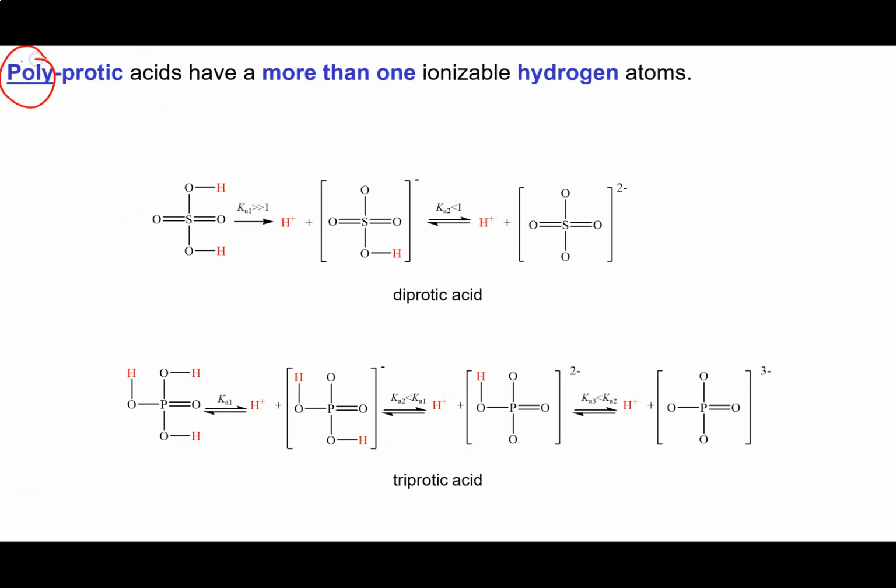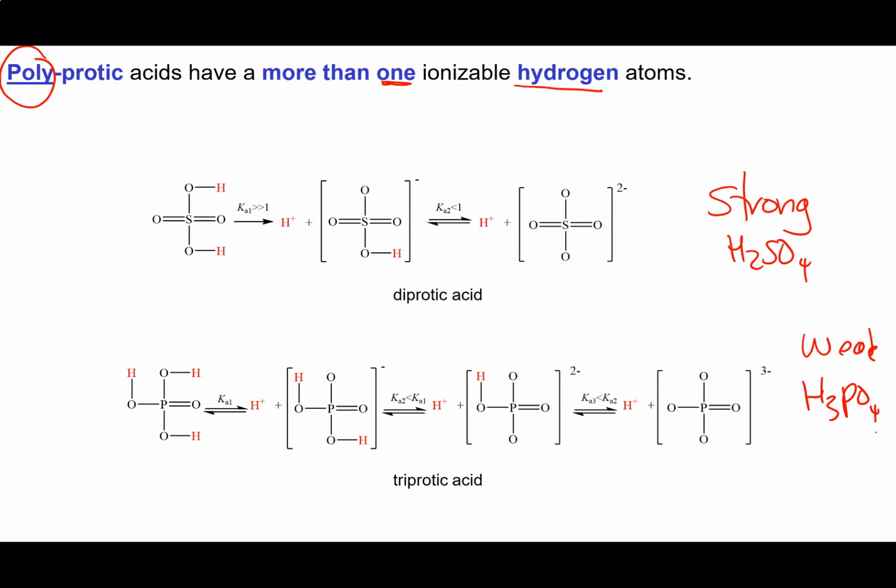Polyprotic acids are a little bit different. Polyprotic acids have more than one ionizable hydrogen atom. And again, they can be strong, like H2SO4, or they can be weak, like H3PO4.